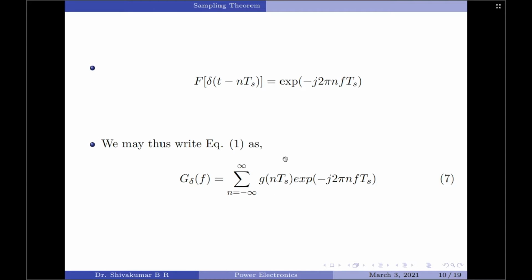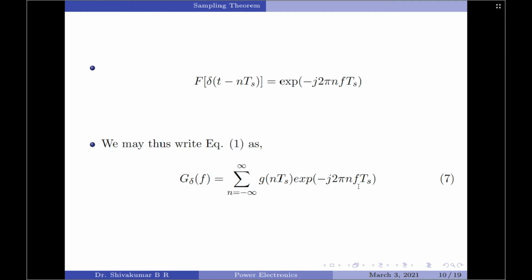Then equation 7 can be viewed as a complex Fourier series representation of the periodic frequency function G delta of f with the sequence of samples given by G of n Ts defined as the coefficients of this particular expansion. Please note, all the equations we have derived till now, that is from equation 1 till equation 7, can be applied to any continuous time signal G of t of finite energy and infinite duration.